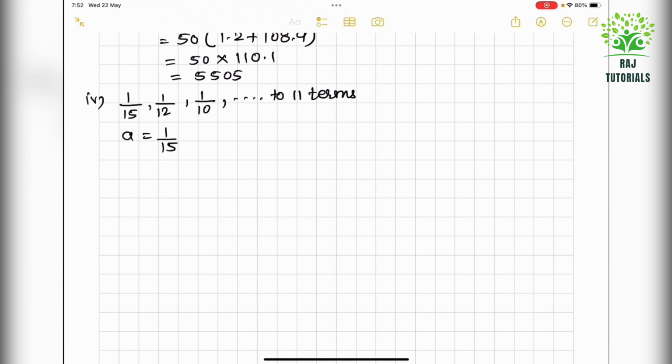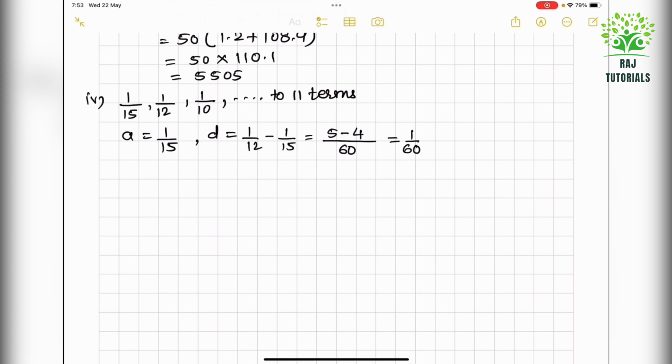Fourth one says 1 upon 15, 1 upon 12, 1 upon 10, and so on, to 11 terms. So, a will be 1 upon 15, d will be 1 by 12 minus 1 by 15. 12 fives are 60, so 5 minus 4 (15 fours are 60), so that comes to 1 upon 60.